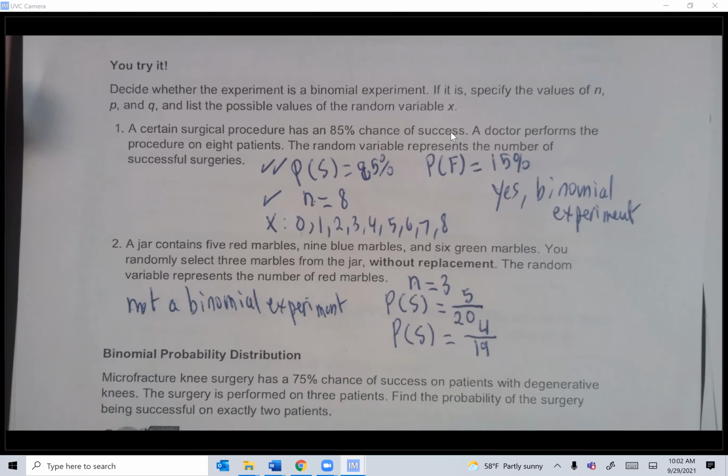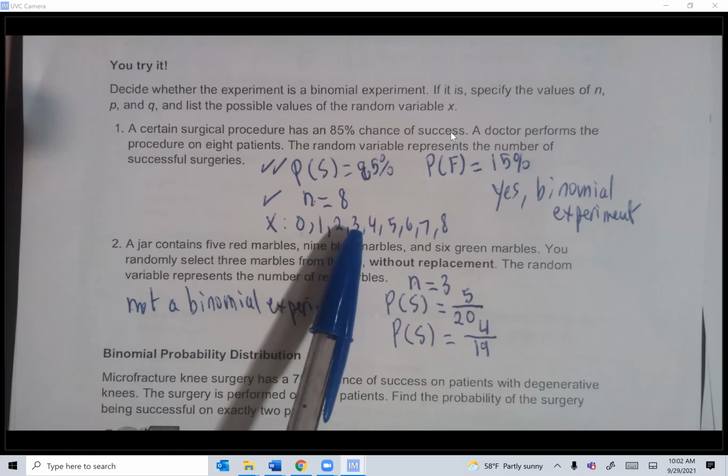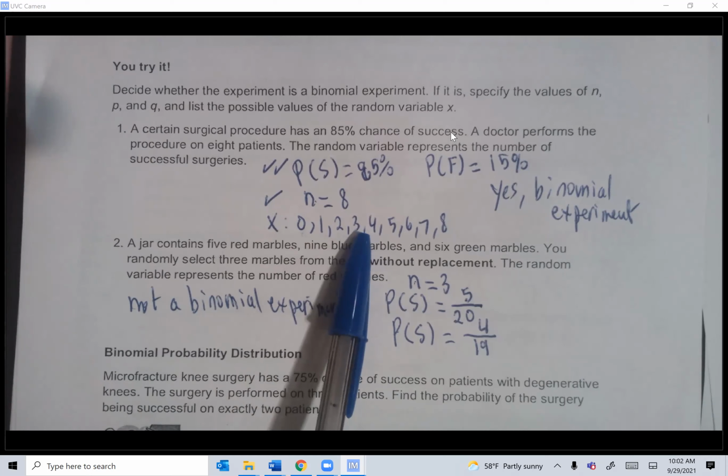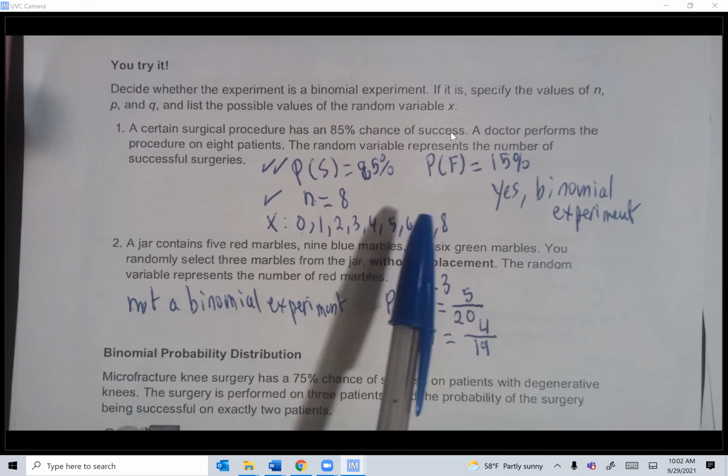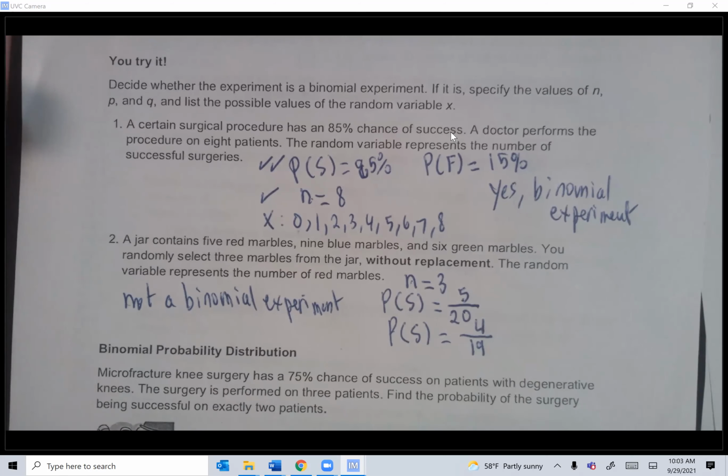That's actually the main goal of this section. So what's the probability that the surgeon is going to perform the surgery and 3 out of 8 of those patients will have success? We'll figure this out. 4 out of 8, 5 out of 8, we'll figure out all those probabilities.